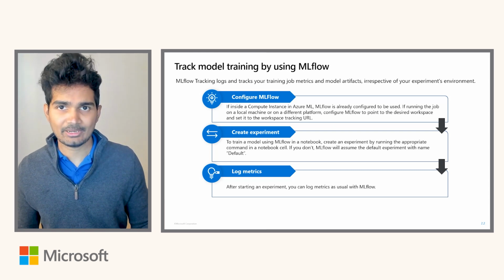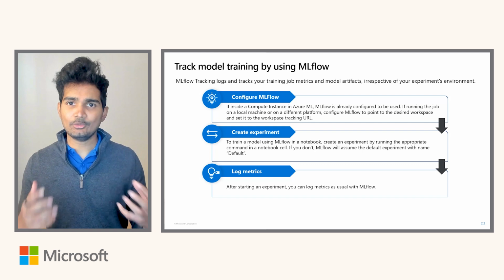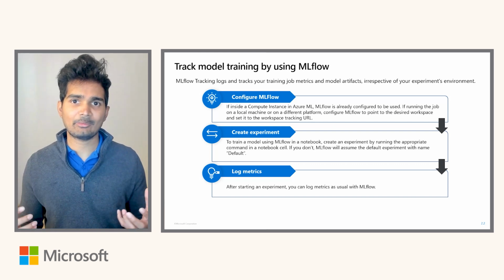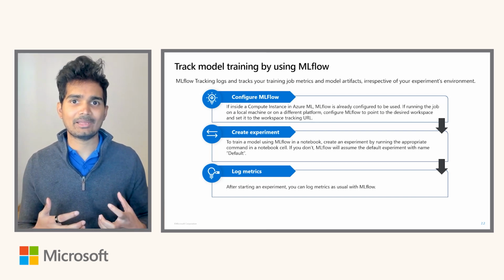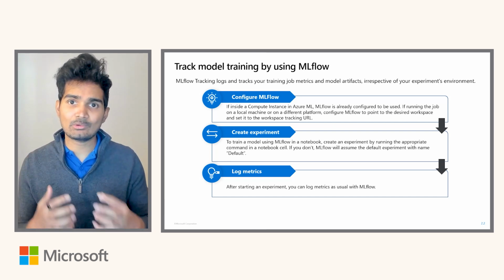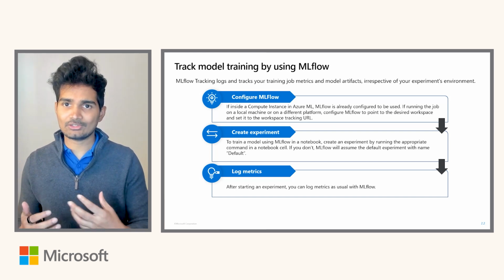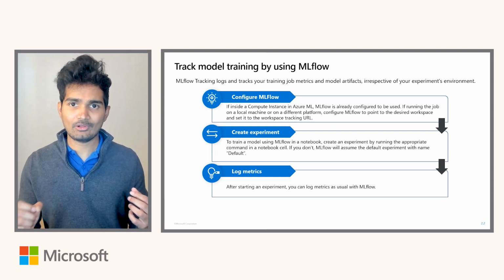Then create an experiment. To start training a model using MLflow in a notebook, you need to create an experiment. Run the appropriate command in a notebook cell to do this. If you don't create a specific experiment, MLflow will default to using the experiment name default.